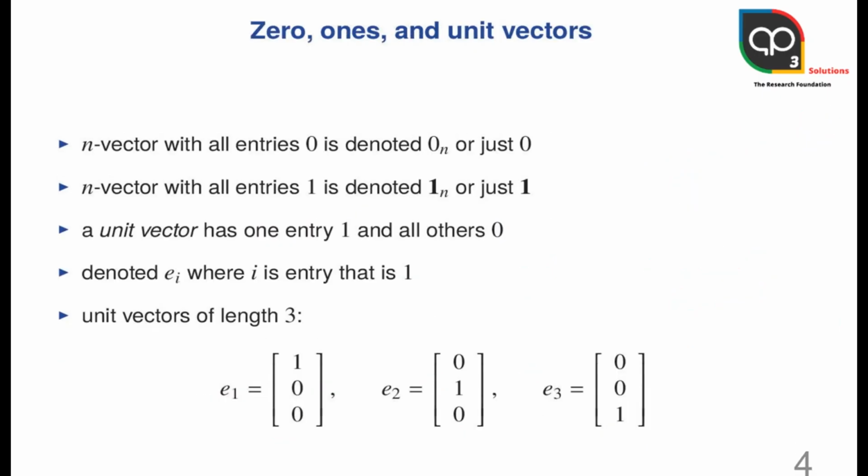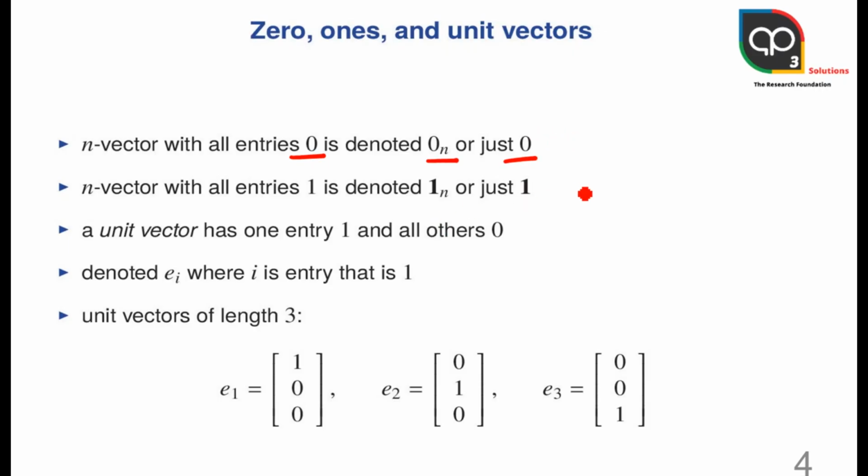A zero vector is a vector with all elements equal to 0. Sometimes the zero vector of size n is written as 0 with subscript n, where the subscript denotes the size. But usually a zero vector is just denoted as 0, the same symbol used to denote the number 0. In this case, you have to figure out the size of the zero vector from the context.